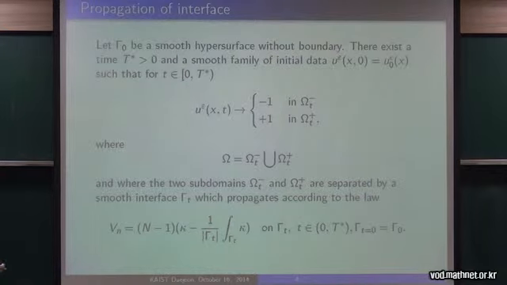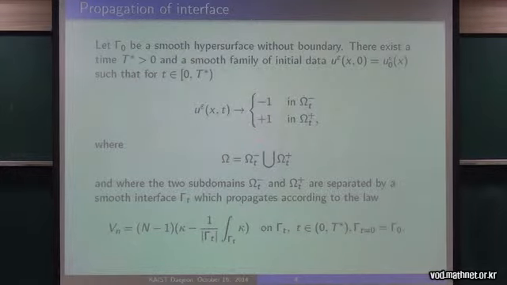Then what is known is that there exists a time t star positive and a smooth family of initial data, u0 epsilon, such that for each time between 0 and t star, u epsilon at time t converges to -1 in a subdomain omega t minus and to +1 in a subdomain omega t plus. And so we have that omega is a union of omega t minus and omega t plus at each time.